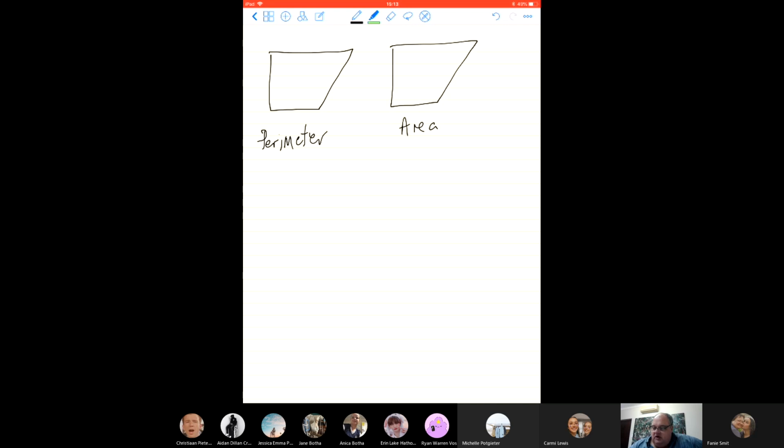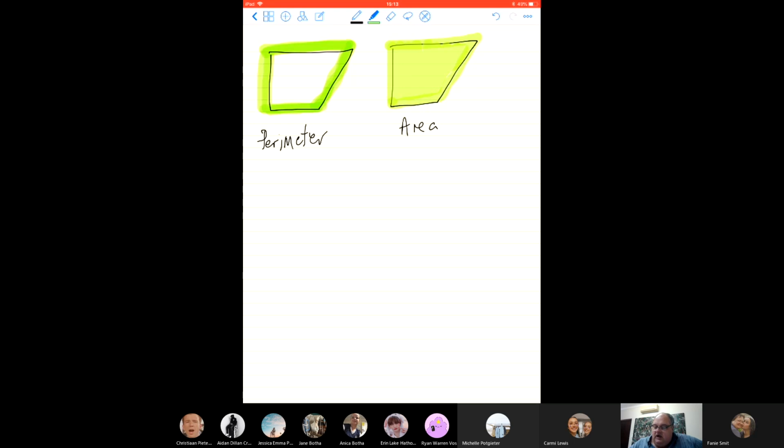If you talk about perimeter, it means you start on one point and you walk around the perimeter of a figure. So if I want the perimeter of this figure, all I have to do is add the lengths of these sides, and that is going to give me my perimeter. Area means painting. It means you take a brush and you're actually going to be painting this whole area. That's what area means.